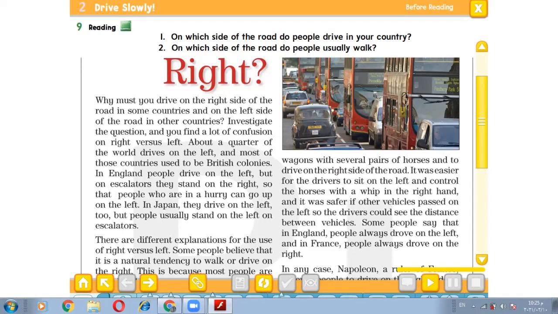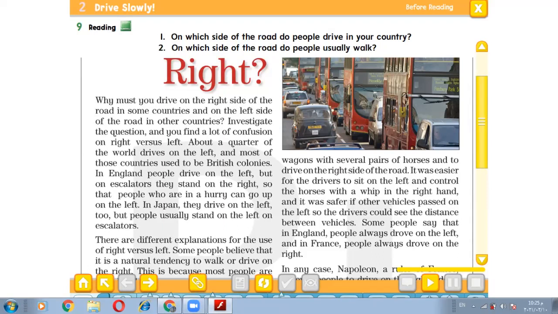In England, people drive on the left, but on escalators, they stand on the right, so the people who are in a hurry can go up on the left.